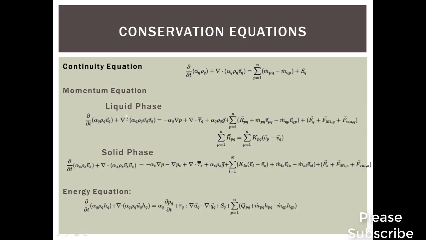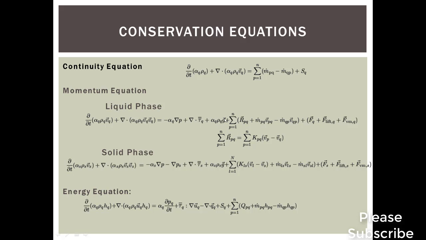As you can see here in the momentum equation for the liquid phase, this is the acceleration term which varies with respect to time, this is the acceleration term which varies with respect to space, and this is the pressure gradient acting in the fluid. As mentioned, alpha is the fluid fraction, and tau q is the stress-strain tensor.